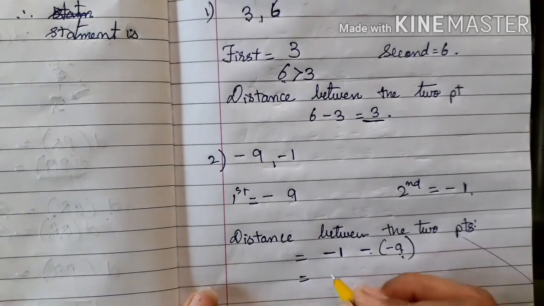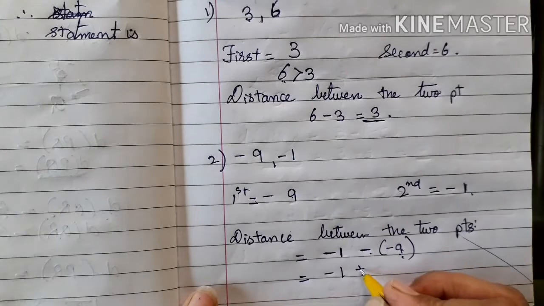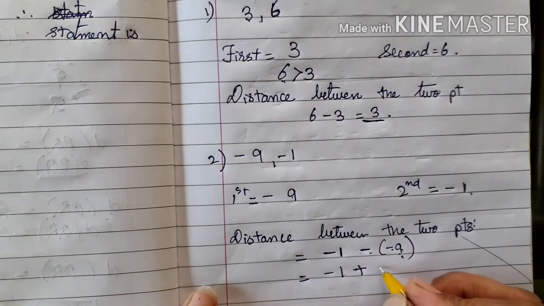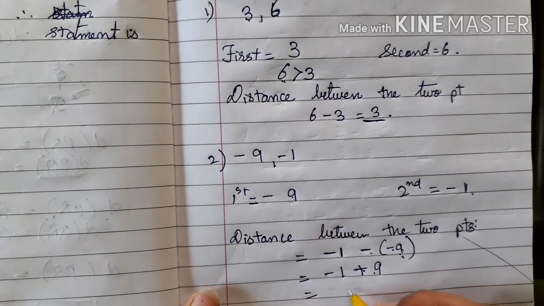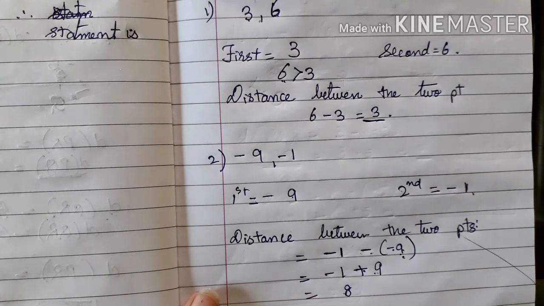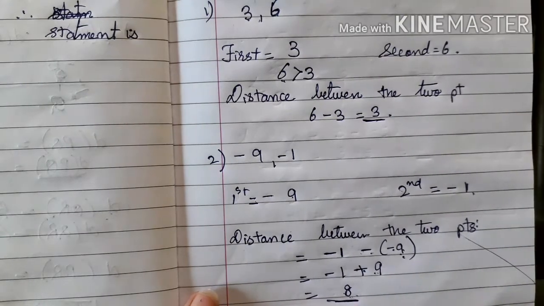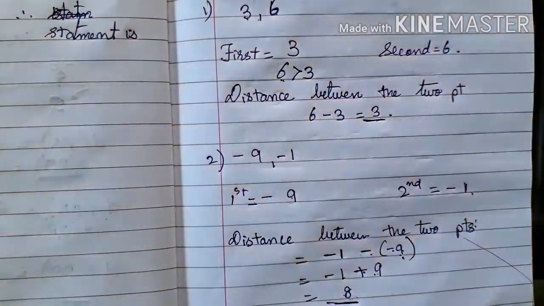So minus and minus will give you addition, a positive number, 2 negatives will give you 1 positive, 9. And minus 1 and plus 9 will give you 8, the sign of the bigger number. Got it? So the distance between the 2 points is supposed to be 8. In this way, you all have to solve question number 3 from the textbook.